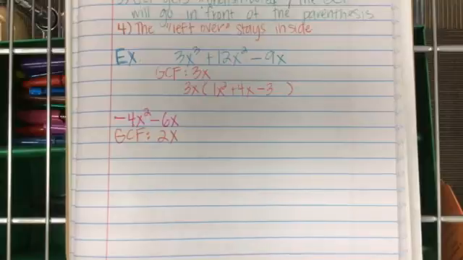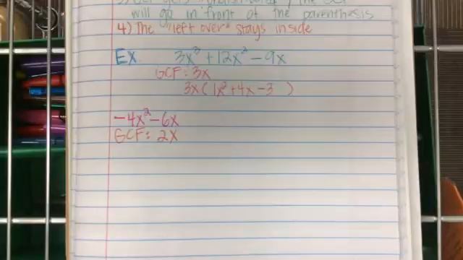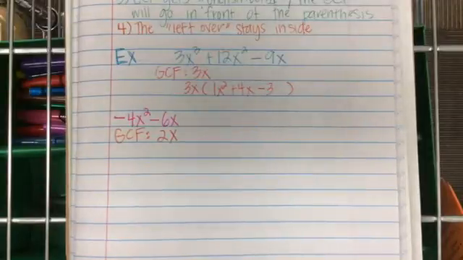Now here's the interesting part. I understand that greatest common factor means biggest, right? The biggest number that they share. But there's a disclaimer with this. You have to check.